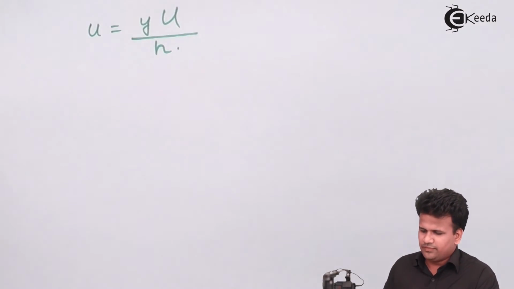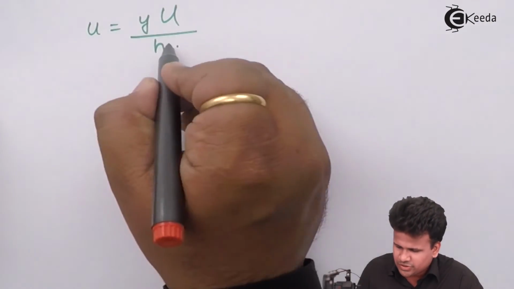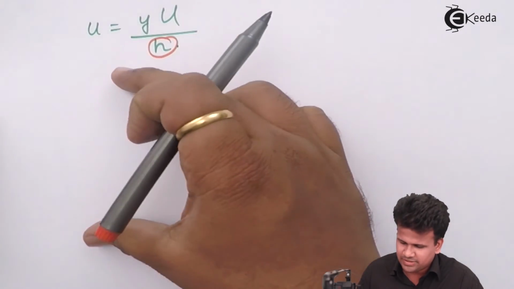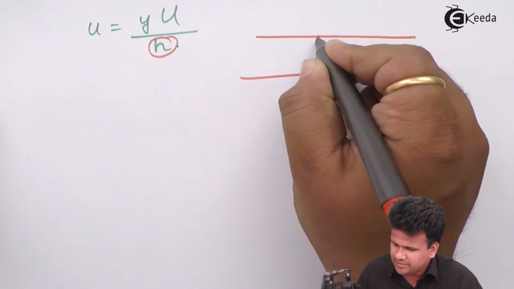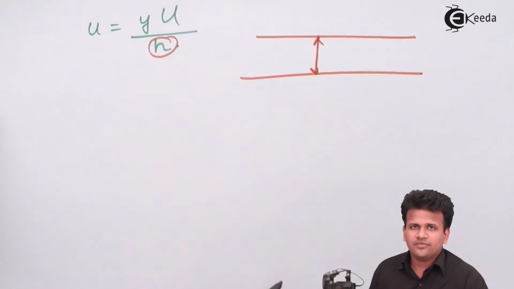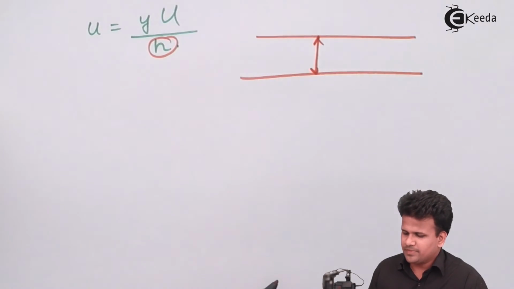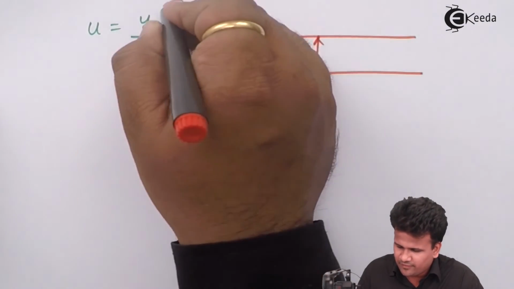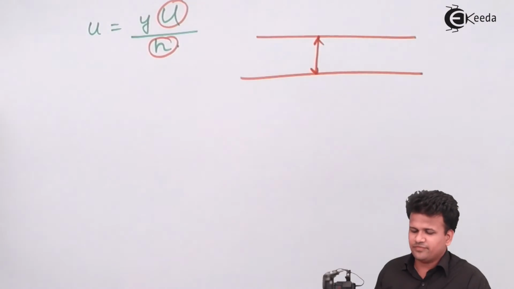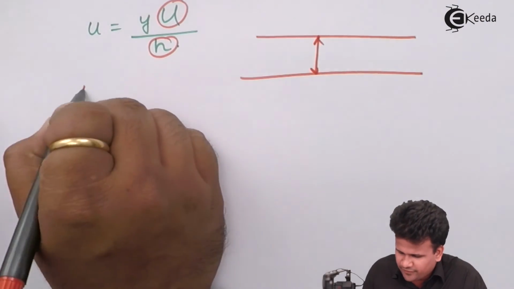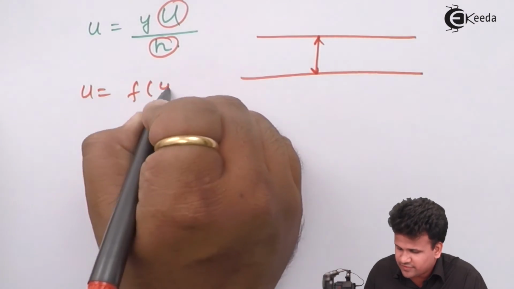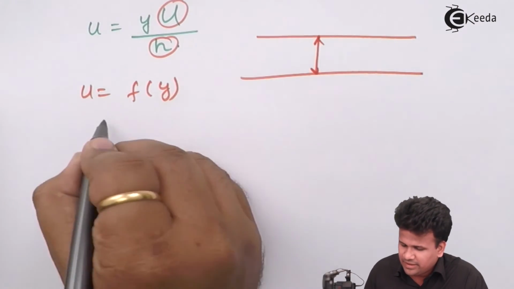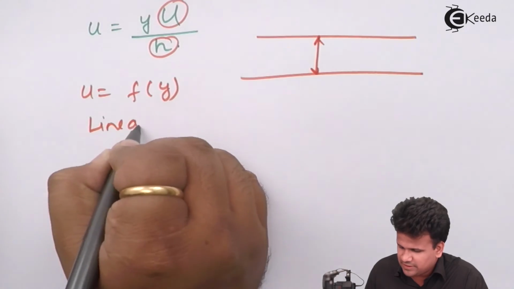Now we know that the value of h is going to remain constant, that is the height of the entire fluid above the solid surface, and the maximum velocity at the top surface is also going to remain constant. So we get u as a function of y, and the relationship is linear.